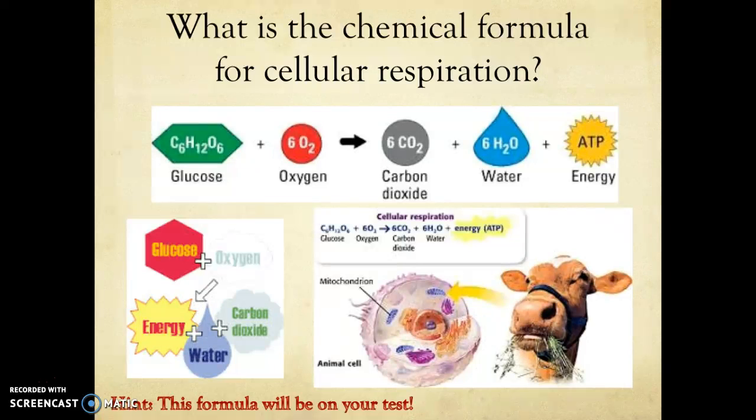Those are the things we start with. And through a whole series of chemical reactions, those things get broken down into carbon dioxide and water, and that breaking down of molecules releases energy. So that's where that energy comes from.